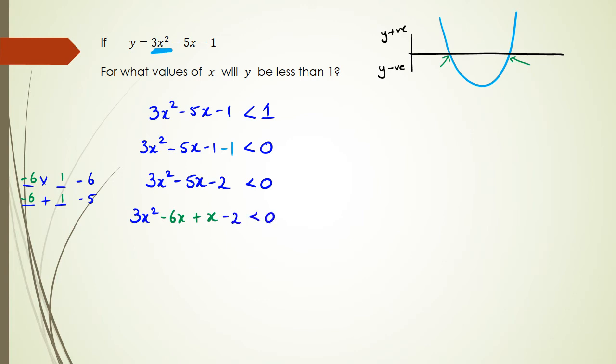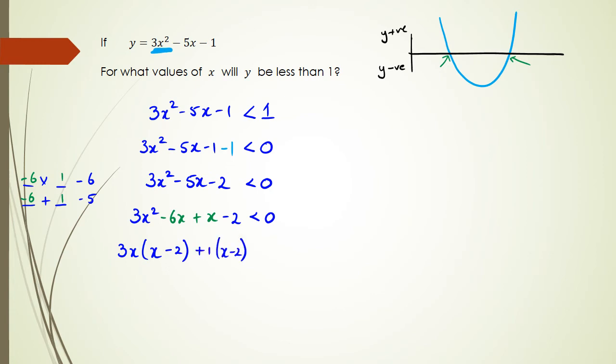If you don't know what I've done here, guys, I'd go back a few videos and see how to solve a quadratic where a value is greater than 1. But anyway, from here I know that I can factorize this, so it'll become 3x times x minus 2 plus 1 times x minus 2.